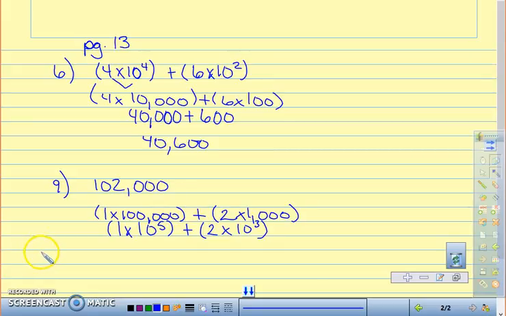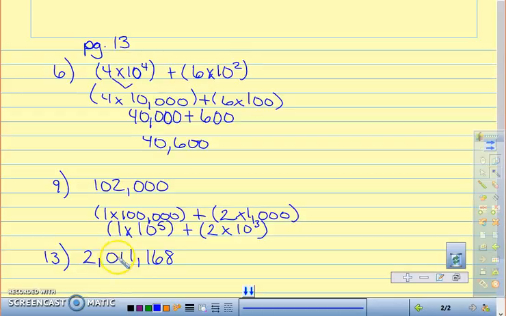For my last problem, I'm going to do number 13, still on page 13. It says, find the value of the ones in 2,011,168.